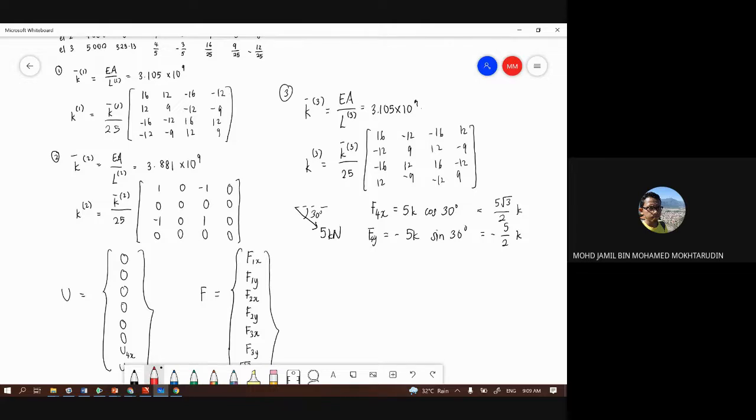So to construct the last two rows, first we label the stiffness matrix, where is the location of displacement 1 and displacement node number 4. Okay, the other node and node number 4. So here it's u1x, u1y, u4x, u4y.